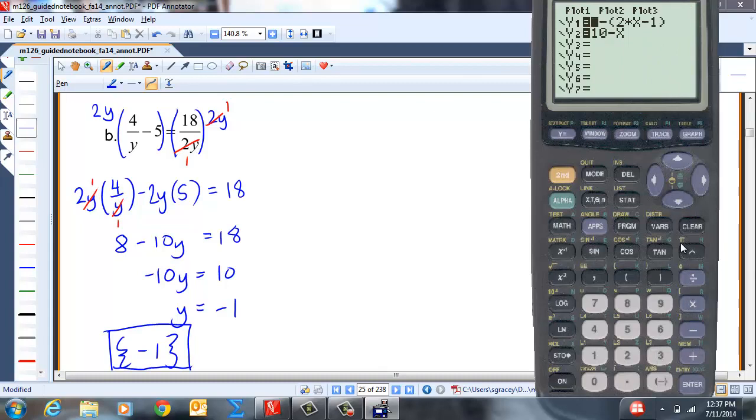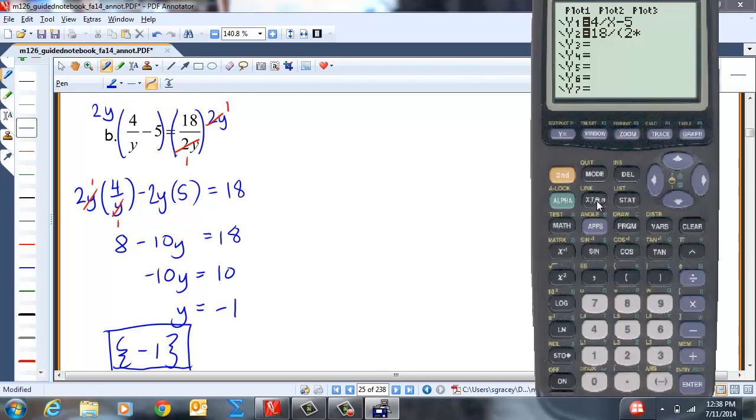So when we enter it into the calculator, we are going to have to substitute x in for y. So that would give us 4 divided by x, and then minus 5 for the left side of our equation. And then we have 18 divided by, be careful, you have to put parentheses around the product.